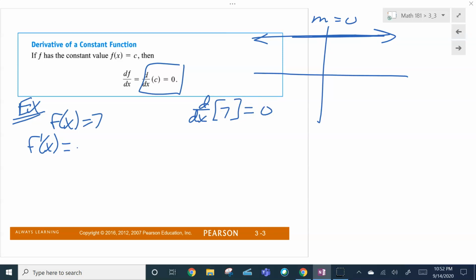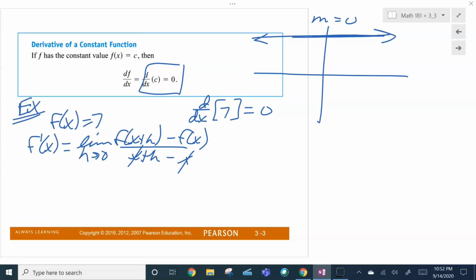So here's your proof of that. Limit as h goes to 0 of f of x plus h minus f of x all over x plus h minus x, right? So we have f of x plus h, so I plug x plus h in for x into the function. Well, there's no x to plug into, so we just have 7 minus the original function 7 all over h, limit as h goes to 0.